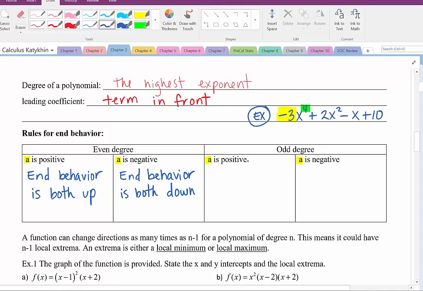If a is positive on an odd degree, and again this is like x to the third, so it looks like an s, let's say we had 3x to the third power or 3x to the seventh power as our leading coefficient, then the end behavior is that the right side is going to be going up, but the left side is going to be going down.